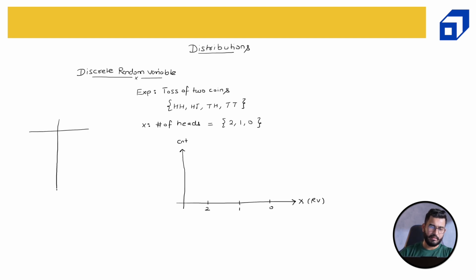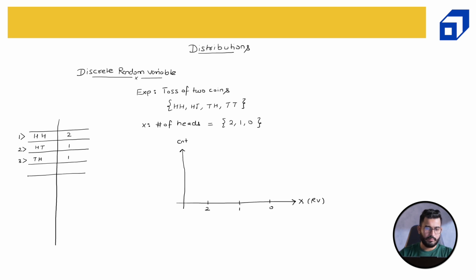So let's say I'm creating a table, and this is my trial number 1, so I'll write 1 over here. In trial number 1 you obtained head head, so here I will write 2. In trial number 2 you obtained head tail, so 1. In trial number 3 you obtained tail head, so again 1. In trial number 4 you obtained tail tail, so again 0.